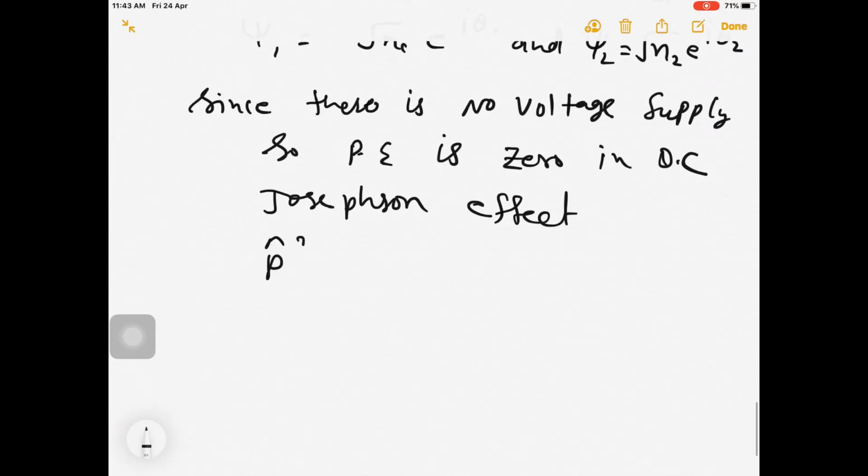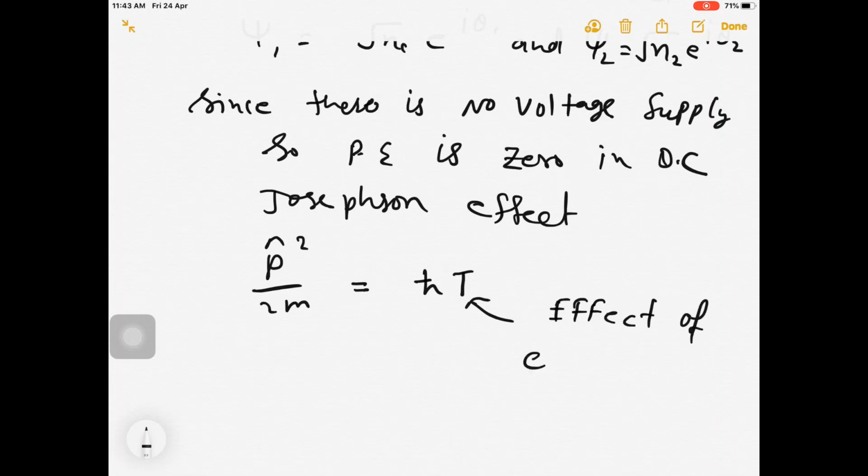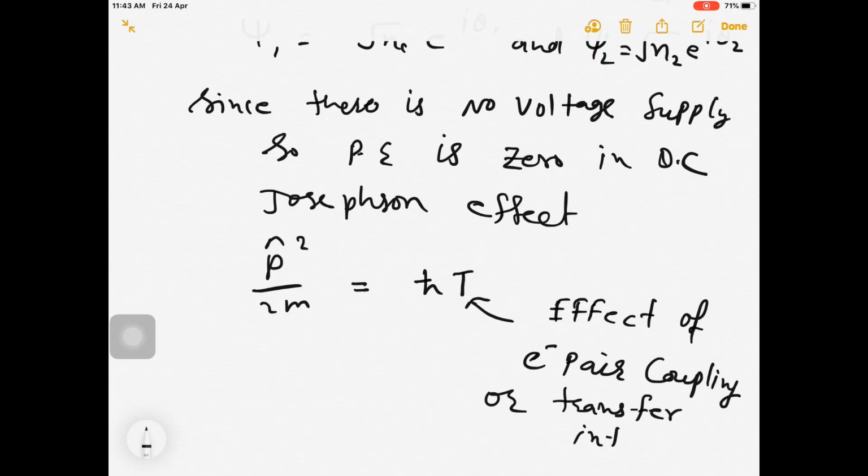And P square divided by 2m is equal to h cut T. Here T is nothing but the effect of electron pair coupling or transfer interaction. What did I say? Transfer interaction.